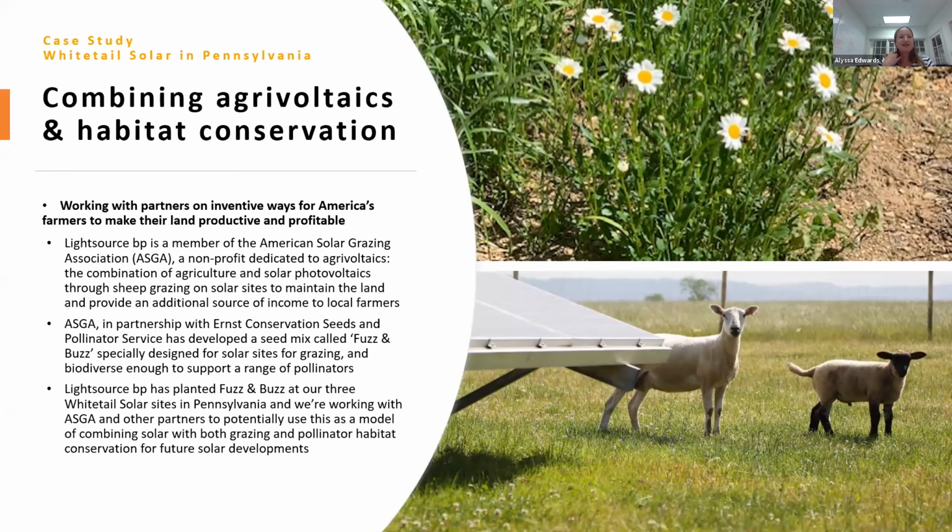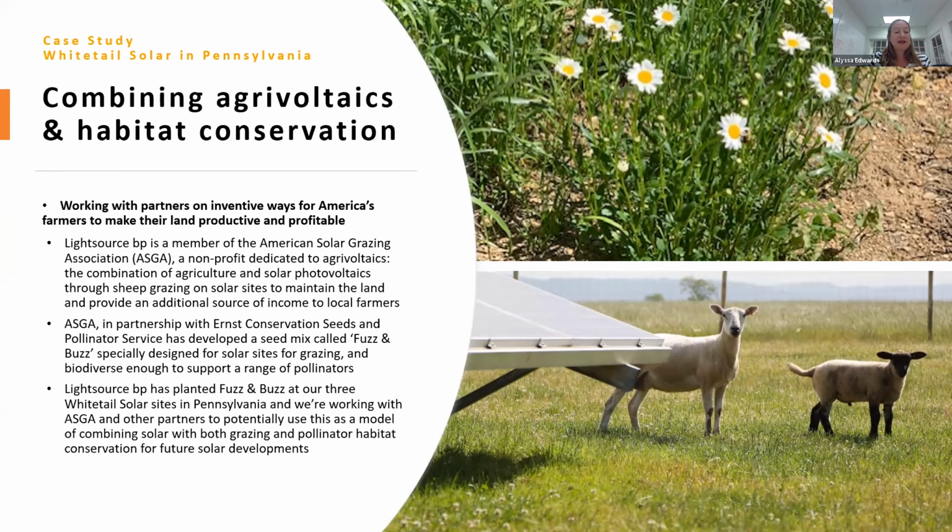Here's an example, the Whitetail project that we're doing with Penn State, a really good example of combining agrivoltaics and habitat conservation. We are implementing sheep grazing, which will start, could be August, but should be this July.